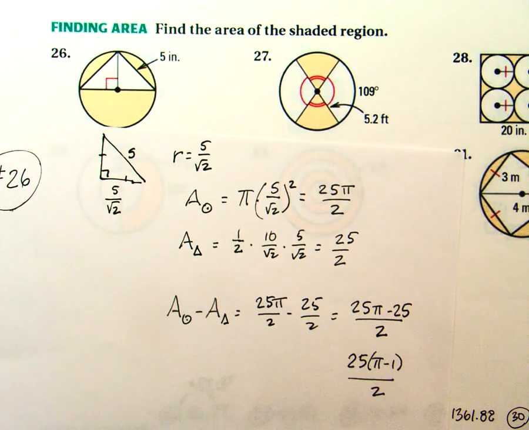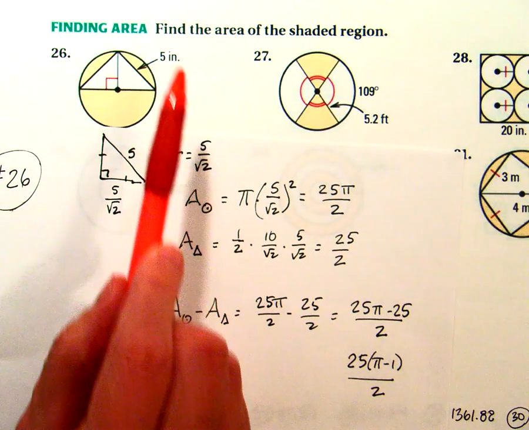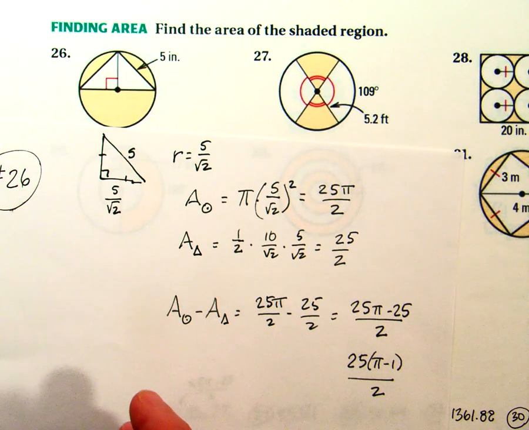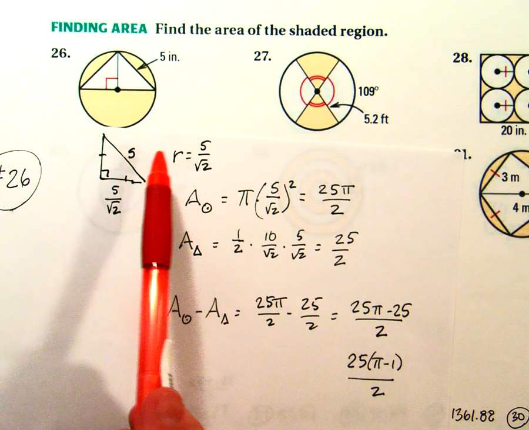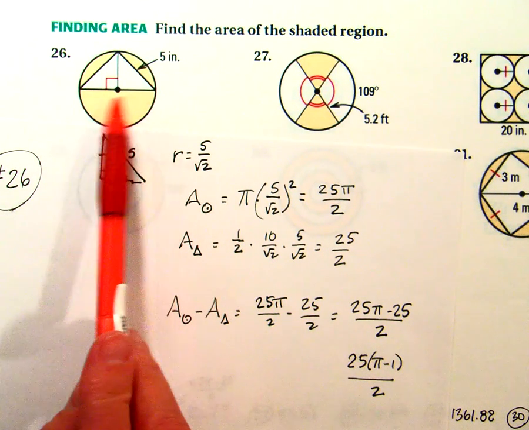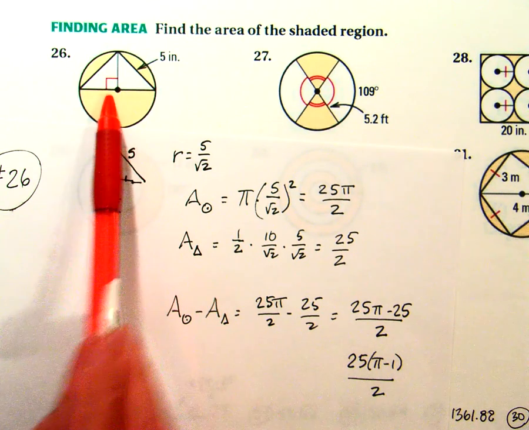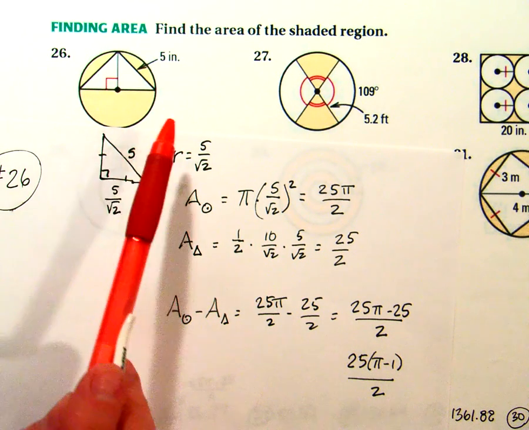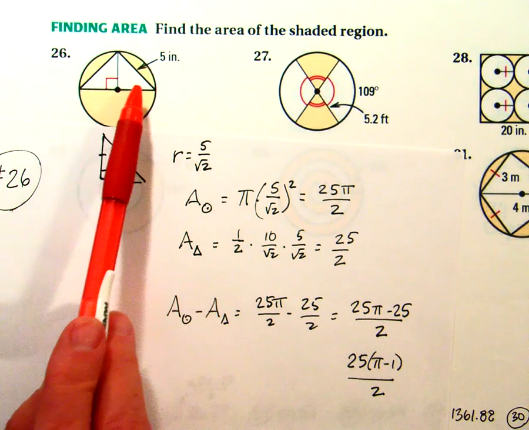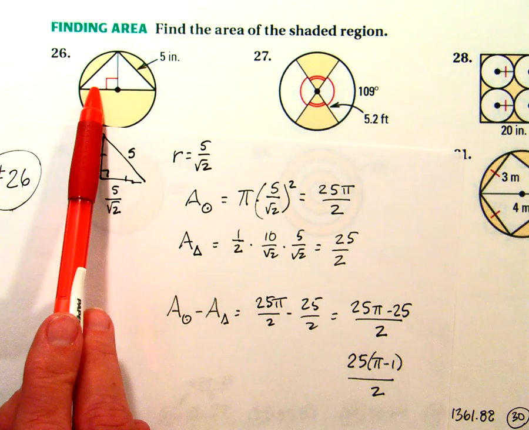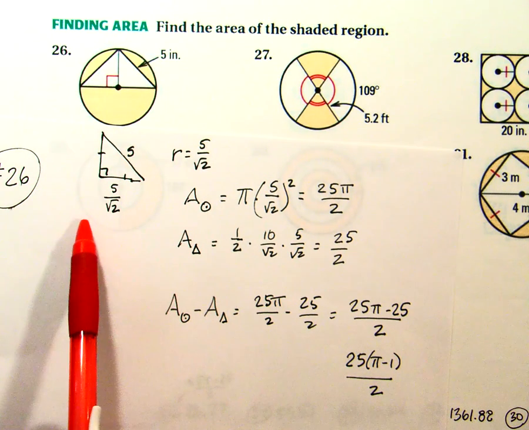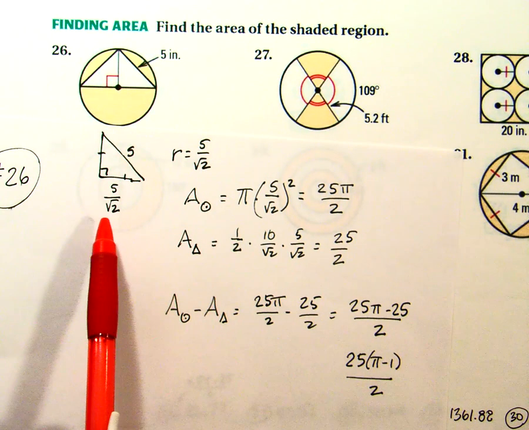I recognized that I needed to find the area of the entire circle and subtract out the triangle. So from that, I needed to be able to find the radius or the diameter of the circle, to be able to find the area, and then the area of the two triangles. I did the triangle first. We know that it's a special right triangle.